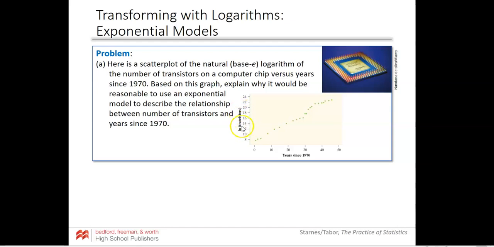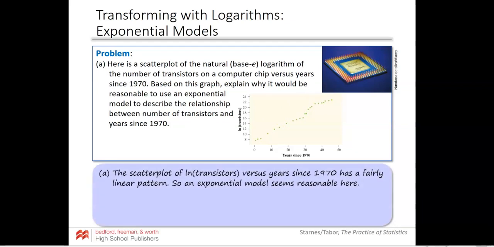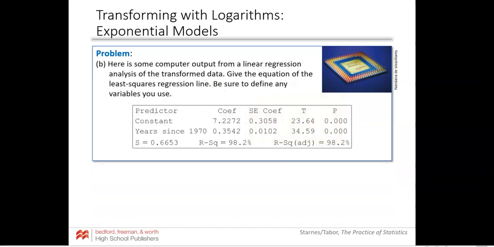Plot that against the regular old x variable. Is that data somewhat linear? I think it is, so this seems to be an exponential model. It's a very linear pattern, so an exponential model seems reasonable here.